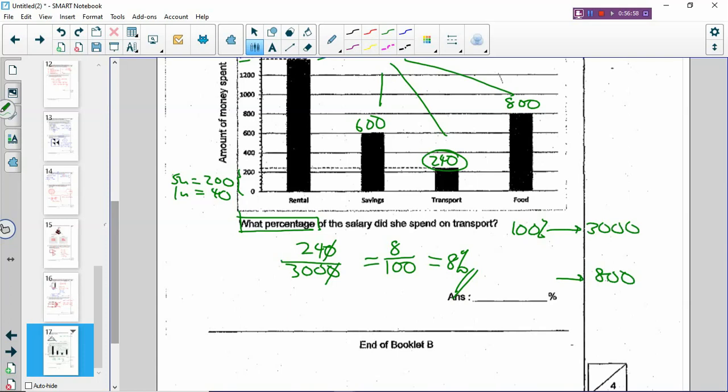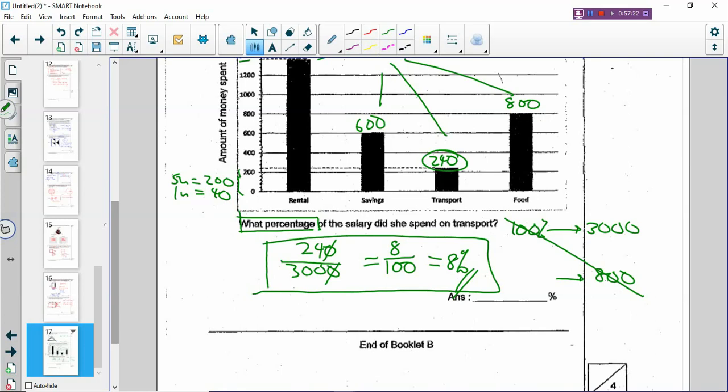You will have to think a bit more to get how many percent. Even Mr. also has to think how to get how many percent 240 is. So instead of doing it this way, why not get your fraction? What fraction of the salary did she spend on transport? And once you get your fraction, then you get your percentage.